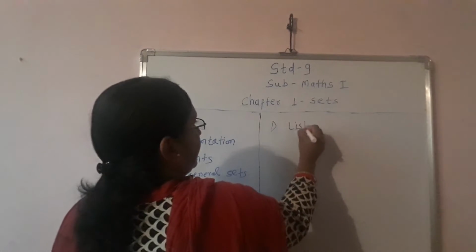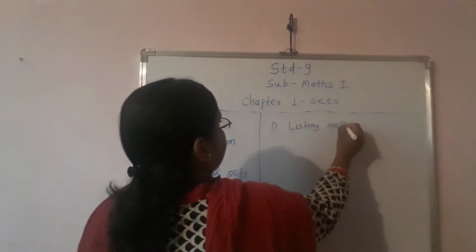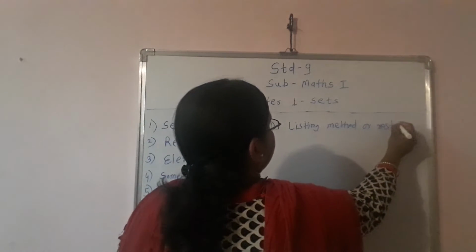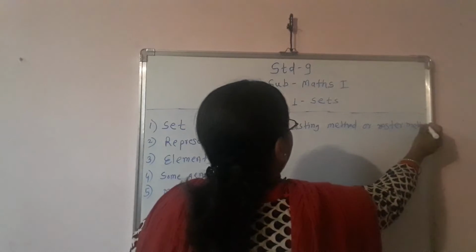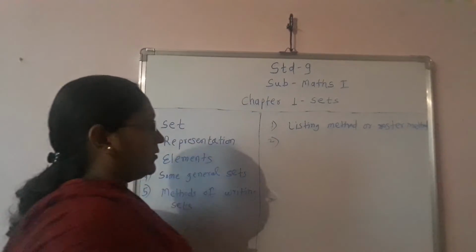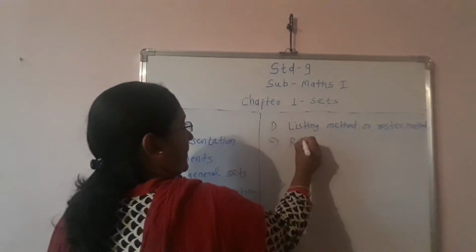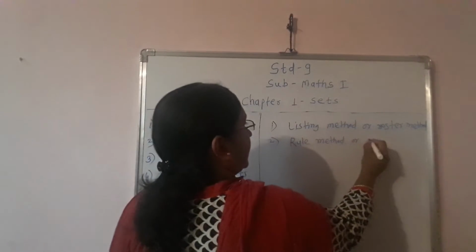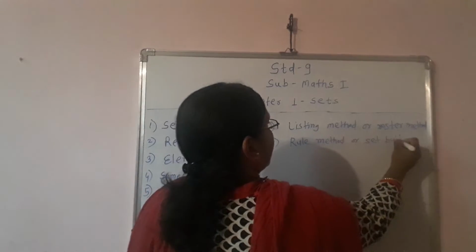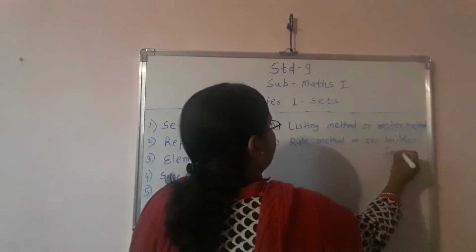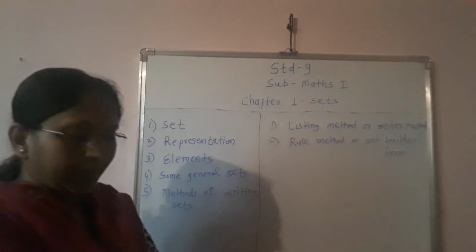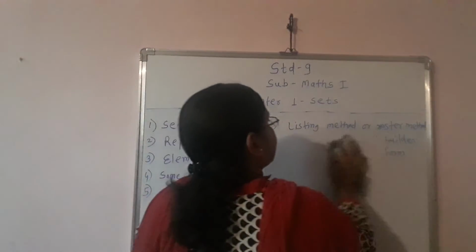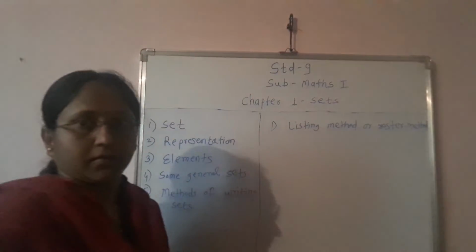The first one is the listing method, also called the roster method, and the second one is the rule method, also called set builder form. First we see the listing method.